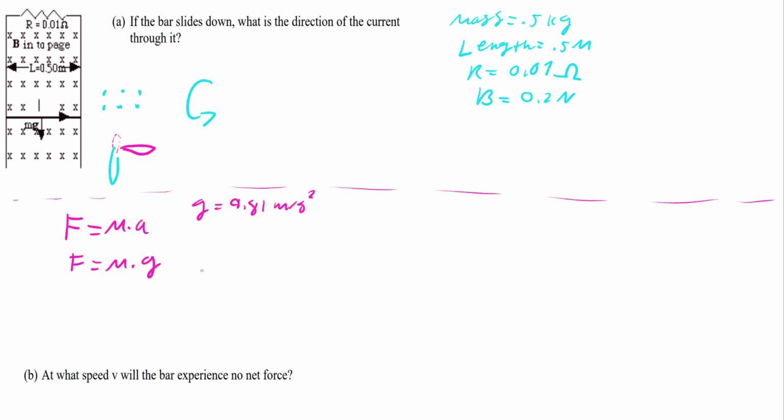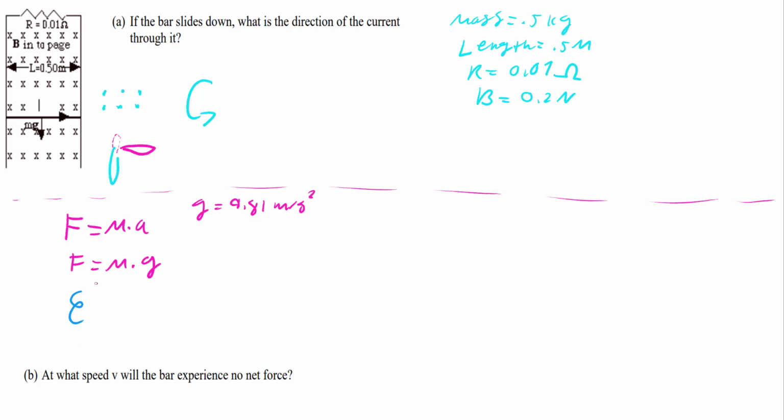That's cool, but I want to have my force relating to some sort of velocity. Well, I don't know how to do that yet. So what relates length, the B field, and velocity? Well, I have my length and I have a B field. The only equation that gives me velocity with that would be, no pun intended, E, which is just going to be voltage, remember, this is just volts.